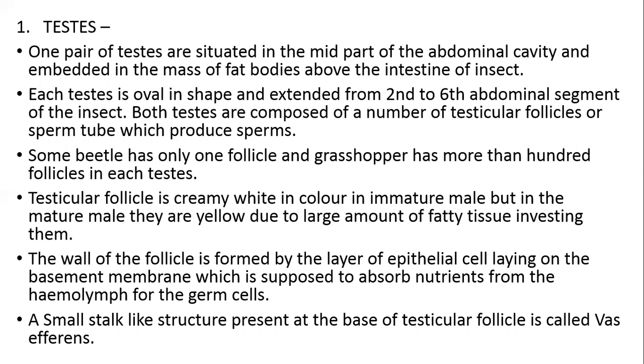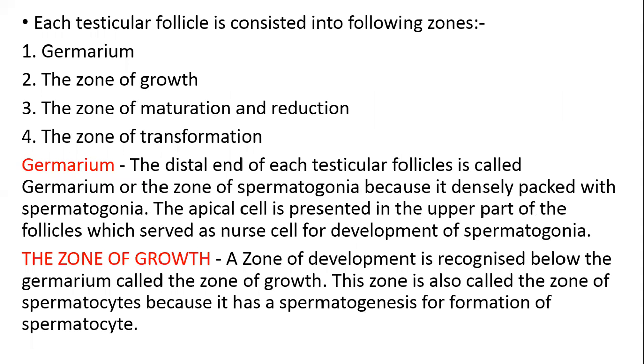Sometimes the two testes are close together and fuse with each other, like in locust and moth. A small stalk-like structure present at the base of the testicular follicle is called vas efferens.